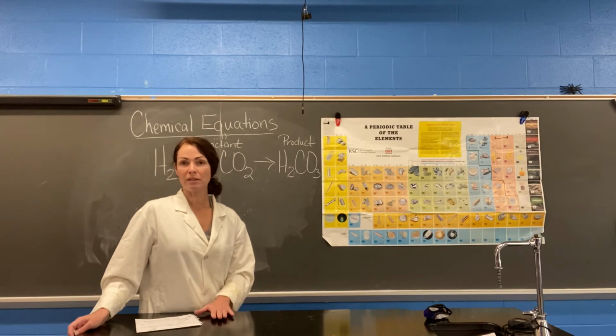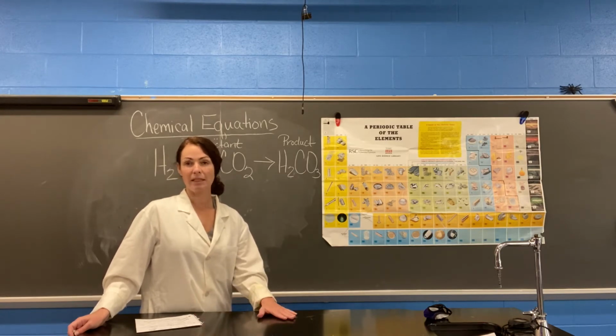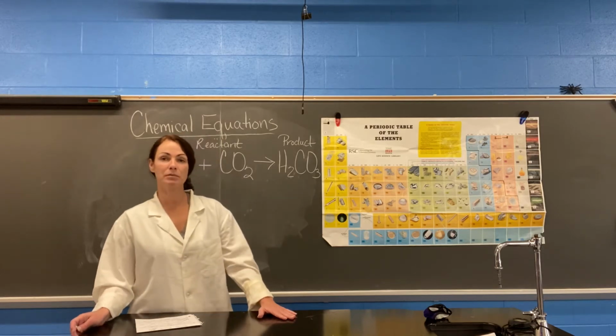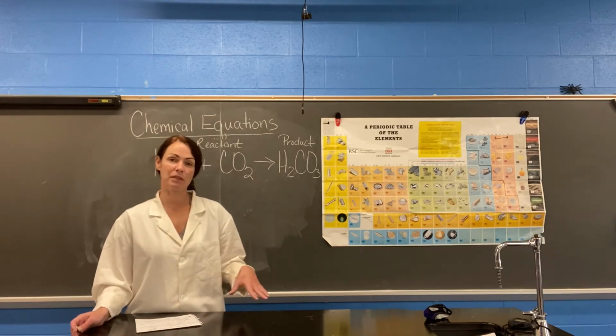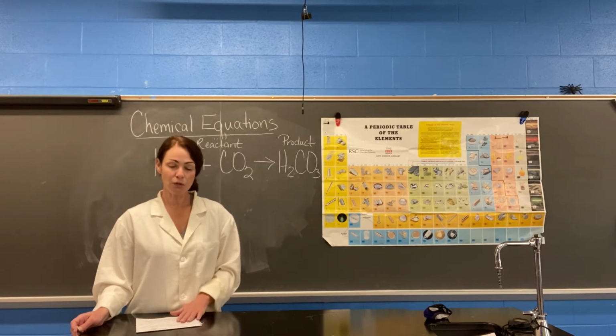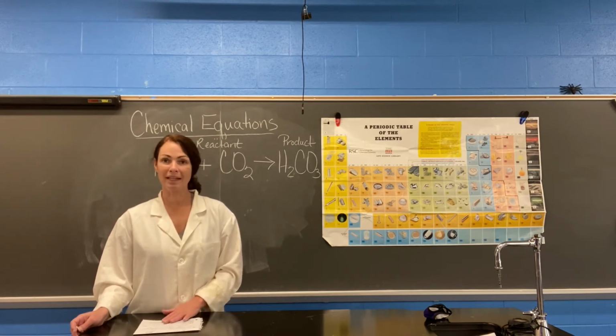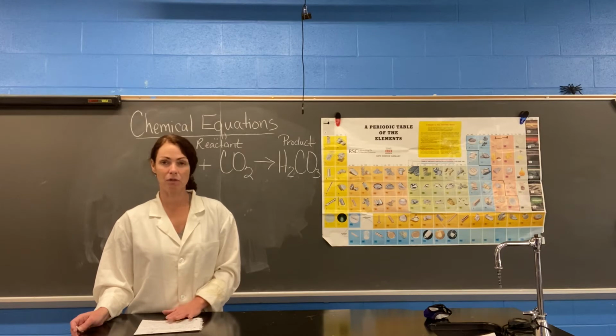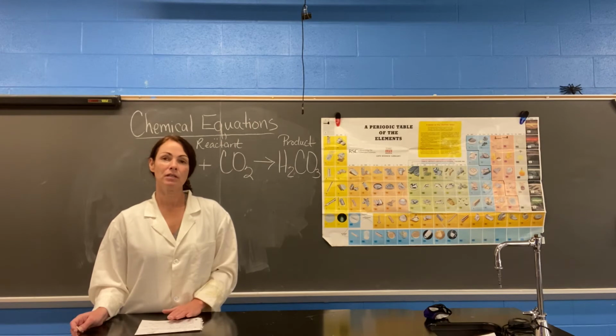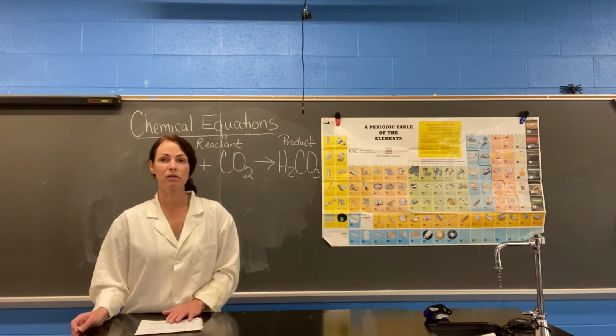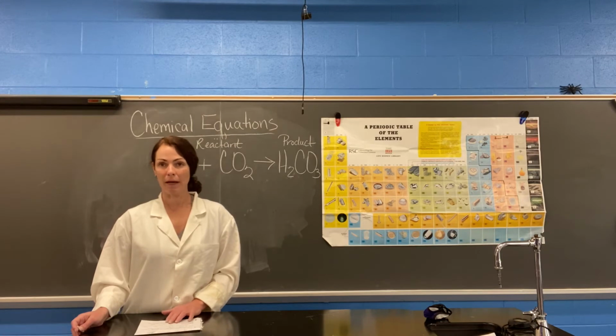If you start with 17 carbon atoms, there will be 17 carbon atoms in the end, even if those carbon atoms are now in different formations with different compounds. You don't lose atoms or gain atoms in the process of a chemical reaction. So in order to determine if a chemical reaction shows that law of conservation of mass, we have to make sure that it is balanced. So we're going to take a look at how to determine if a chemical equation is balanced or unbalanced.